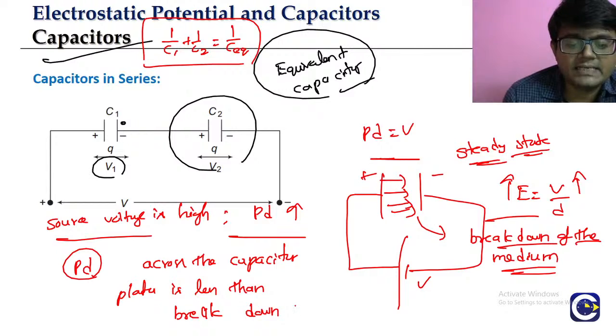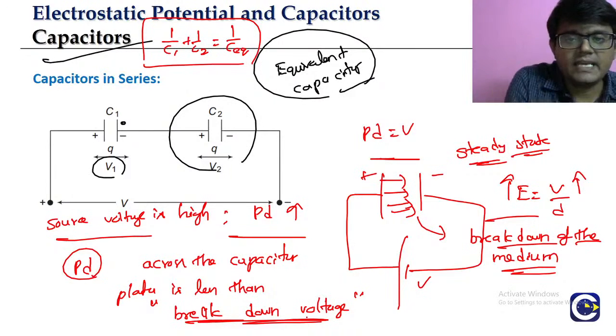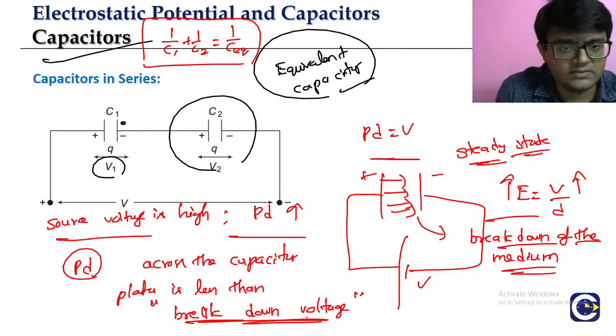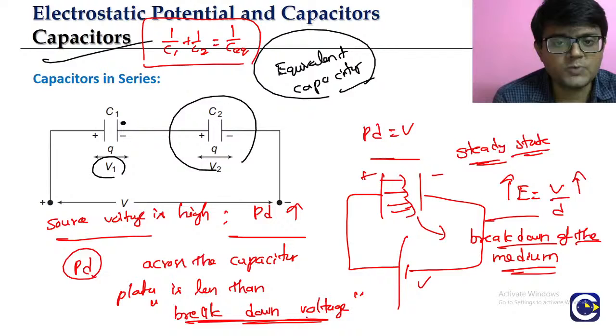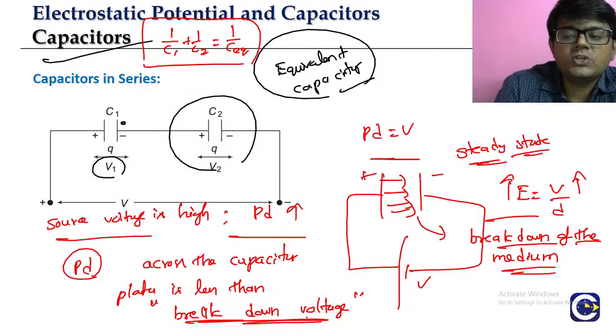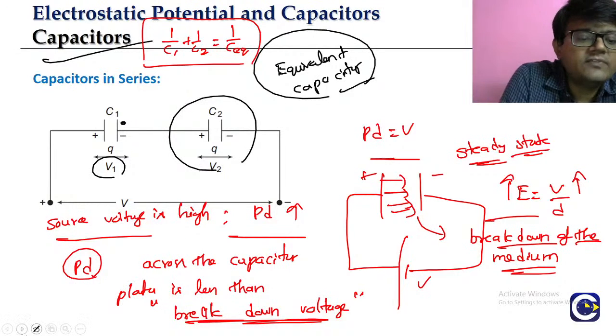What is breakdown voltage? The voltage at which the particles in the region between the two plates of the capacitor will get ionized. That corresponding voltage is called the breakdown voltage. So always we should ensure that the potential difference is less than the breakdown voltage.